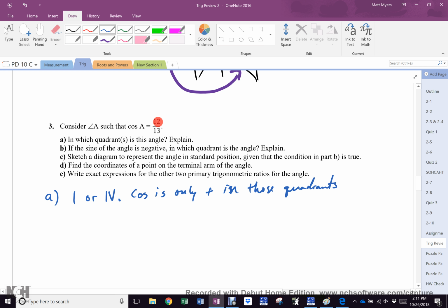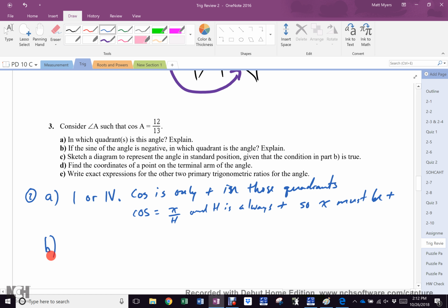X, because cosine equals x over h, and h is always positive, so x must also be positive. Nice. I wouldn't have thought to do it that way, but good. Everybody good? 2 marks. If I ask for an explanation and you don't give it to me, I am taking away a mark from you. All right? Always.